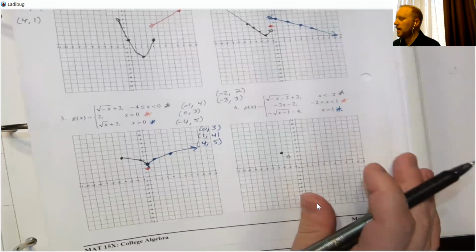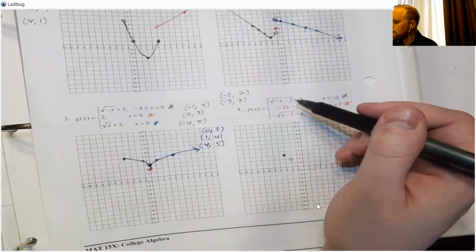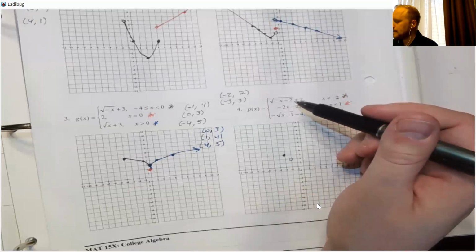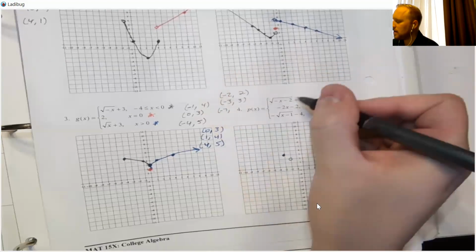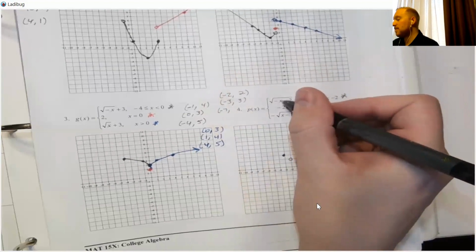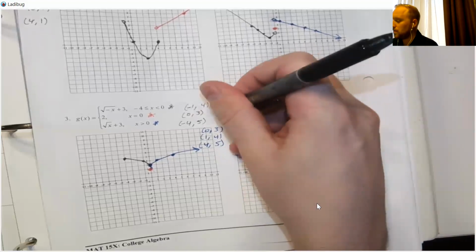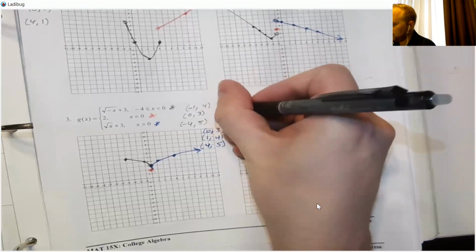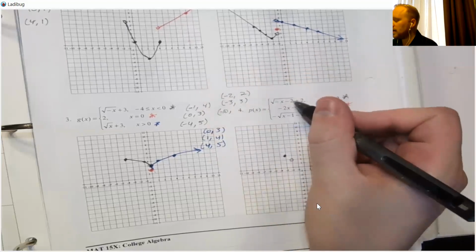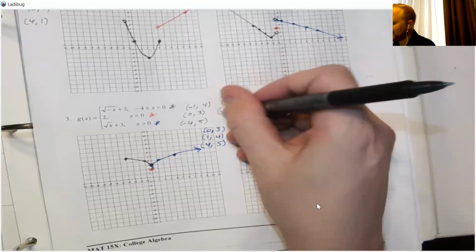So let's do -7. If I do -7, that would give me a +2. That doesn't work. But if we did -10, that would work. So if we do -10 in there, that would give me +10. That would give me 8.